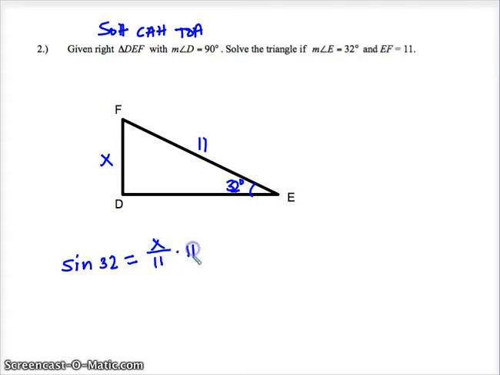To solve for x, I multiply both sides by 11. So x is equal to 11 times the sine of 32. When I put this in my calculator, 11 sine 32, rounding to the nearest tenth, I get 5.8.